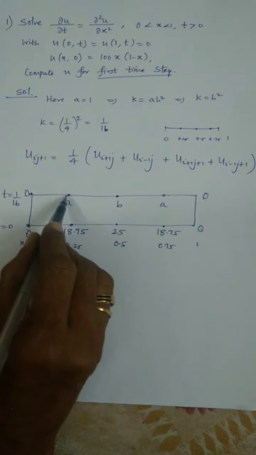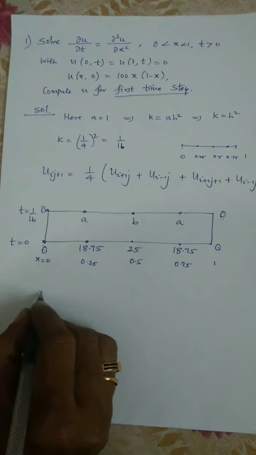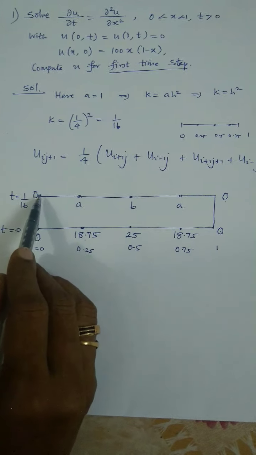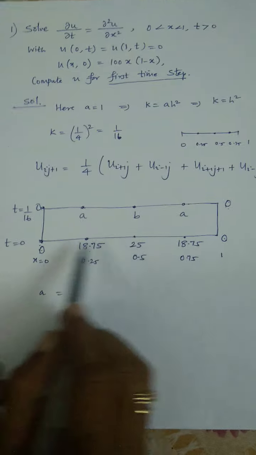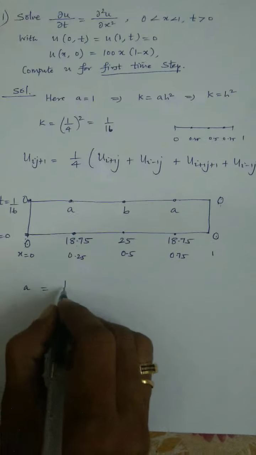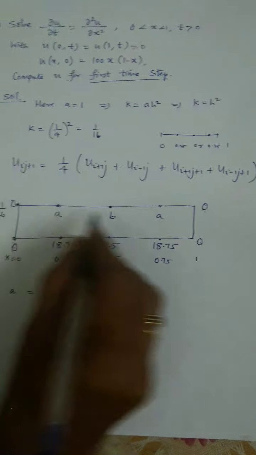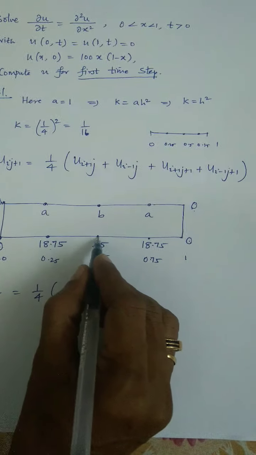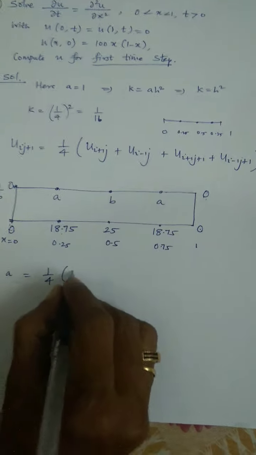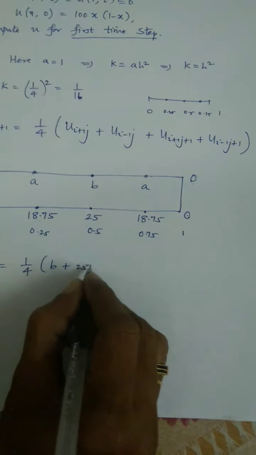I want to find out the unknown value A. You know the finite difference scheme: the average value of these four constants. So A equals 1/4 of (0 plus B plus 25 plus 0). I skip zeros, so you will get B plus 25.